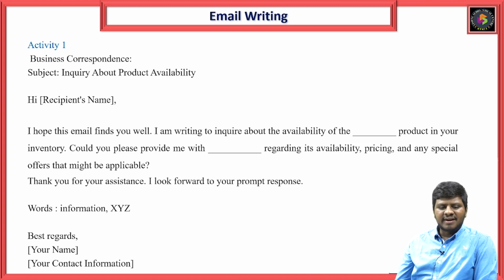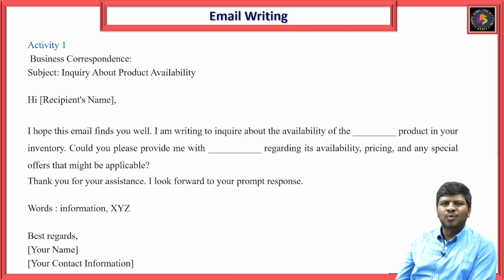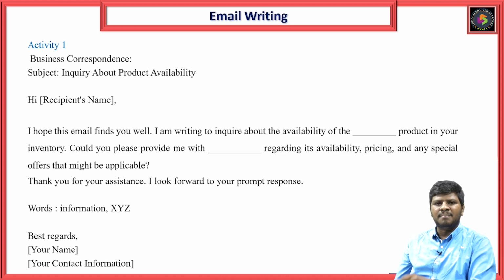Hi, you can keep the name there. I hope this email finds you well. I am writing to inquire about the availability of the, then they have to select one word which is given at the bottom of the mail. Okay, body of the letter, and they have to fill in the blank with the right word.